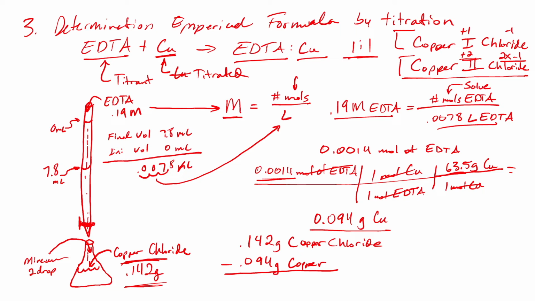So 0.142 minus 0.094, and I get 0.048 grams of chloride.